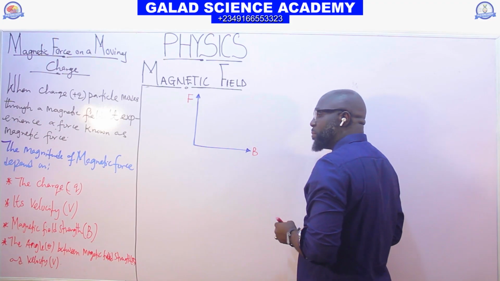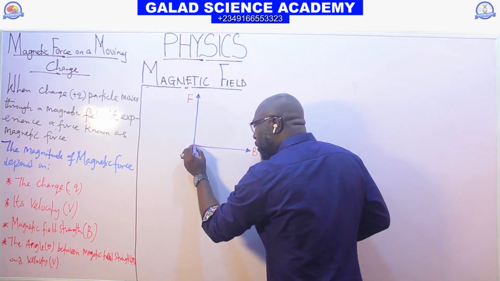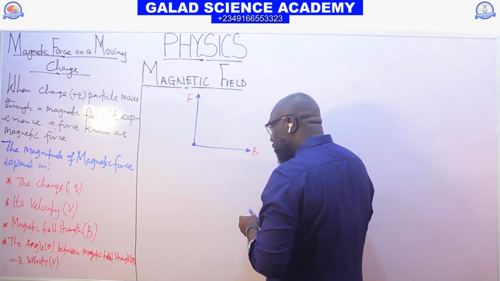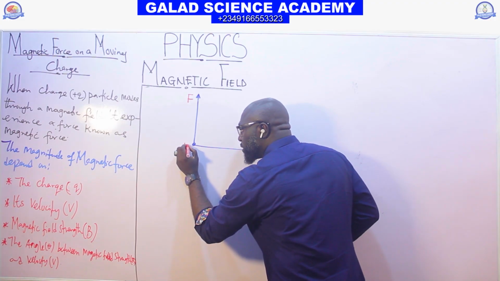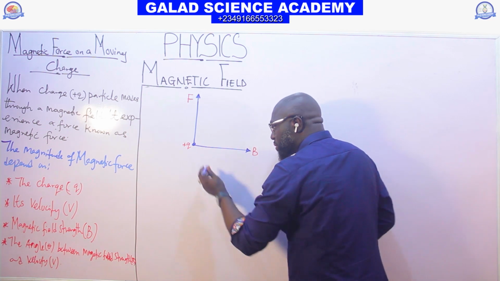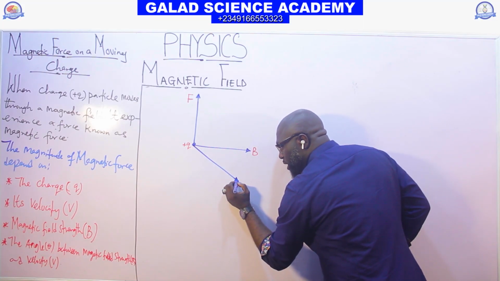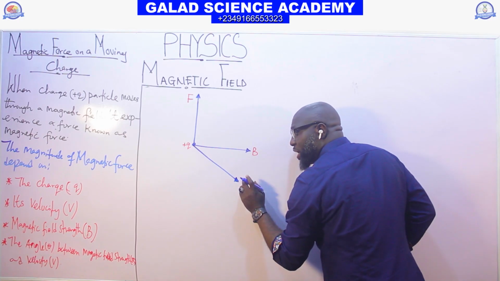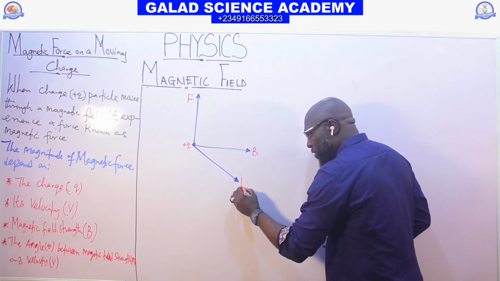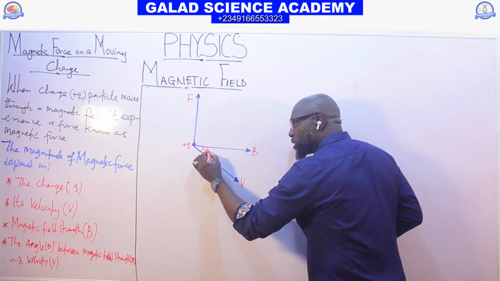At this point here we have the positive charge Q, and this is the velocity of the moving charge.